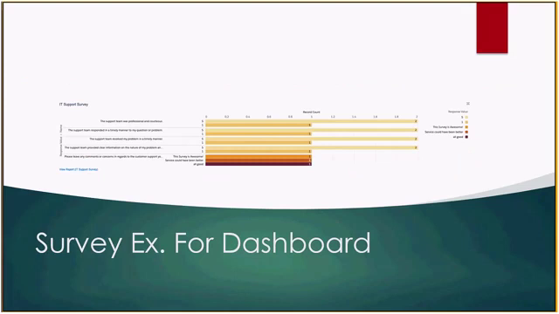So here is an example of what our dashboard will look like when survey results come in. As you can see, this is a current screenshot of what my company is currently working on, what I've been developing. We're going to have our survey questions presented as well as the results, and they will be set up to give you the number of how many similar responses you receive from all surveys.